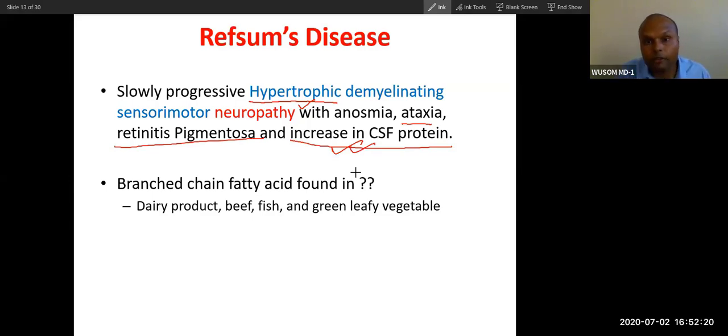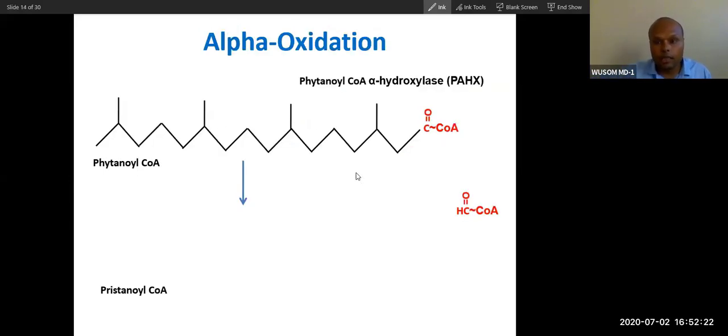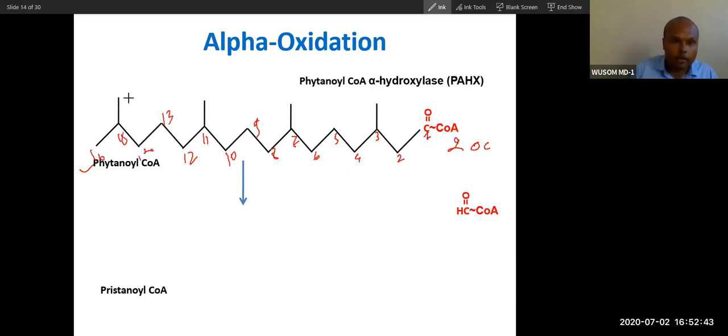Let's first talk about alpha oxidation. What is alpha oxidation? This is phytanic acid. You can see this is a 20 carbon branch chain fatty acid. If you count 1, 2, 3, up to 16, and there are 4 side chain carbons, 16, 17, 18, 19 and 20.